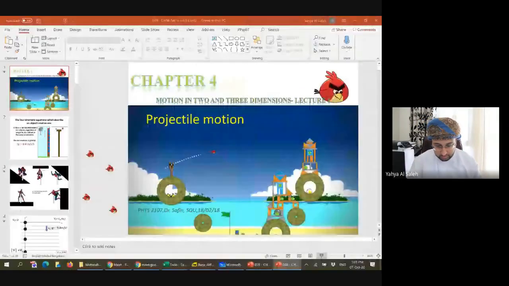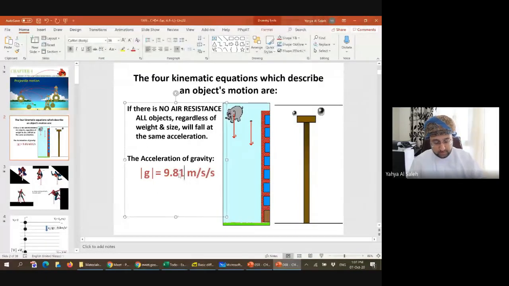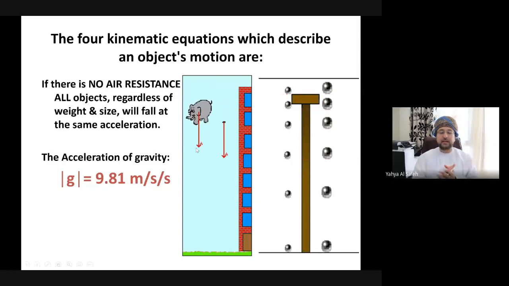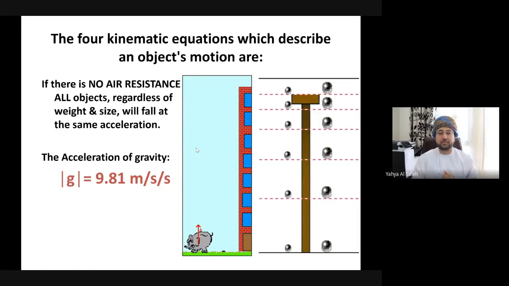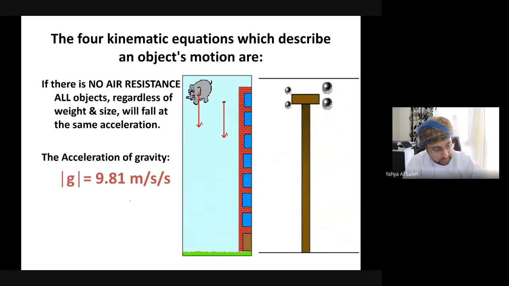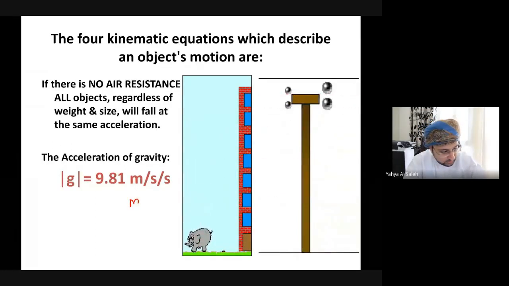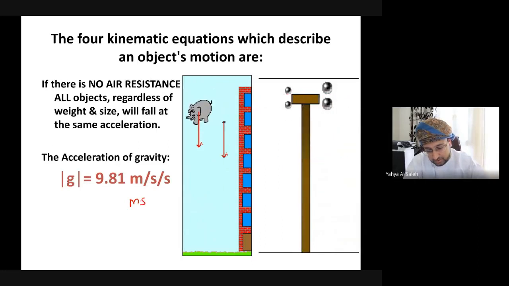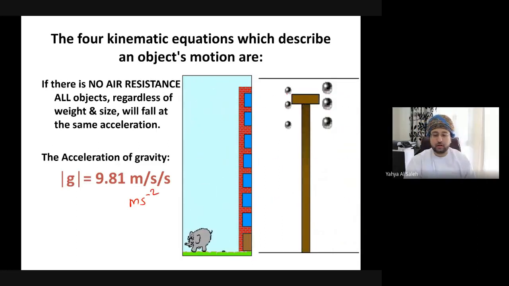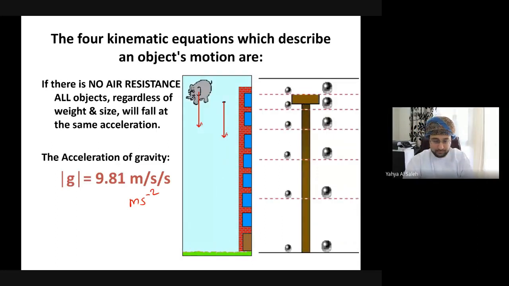Again, I'm having problems here. This is supposed to be 9.81 in this book. Okay, 9.81 meters per second squared.